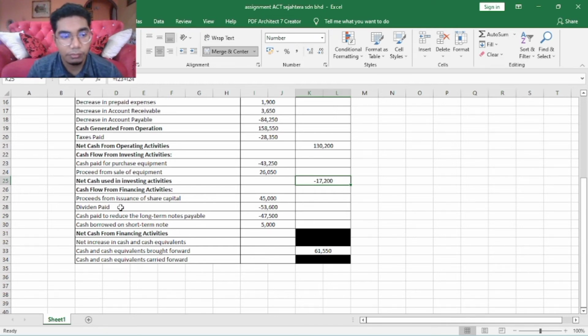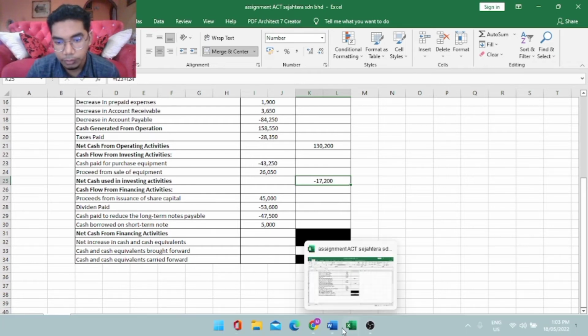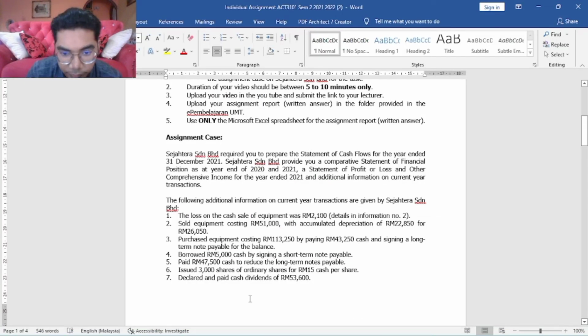In financing activities, we have proceeds from issuance of share capital, dividend paid, cash paid to reduce the long-term notes payable, and cash borrowed on short-term loan. The amount of proceeds from issuance of share capital we get from the additional information. Number 6, issuance of 3,000 shares of ordinary shares for RM15 cash per share.